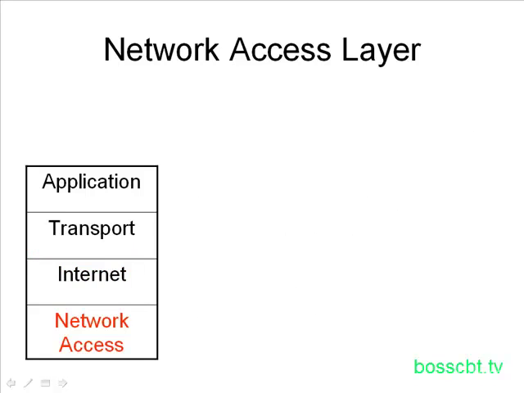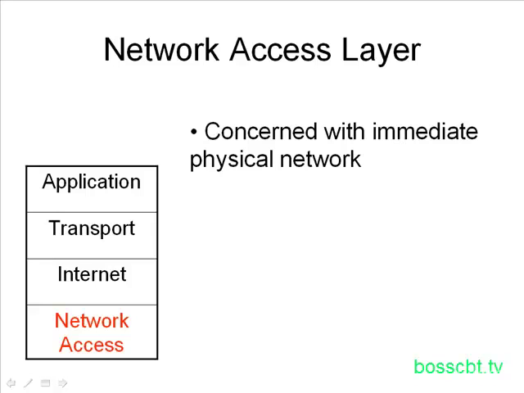All right, well, we've made it to the bottom of the TCP IP model, and here we find the network access layer. And so at the network access layer, we're concerned with the immediate physical network. So remember, with the internet layer, we said we're concerned with end-to-end logical delivery of information.